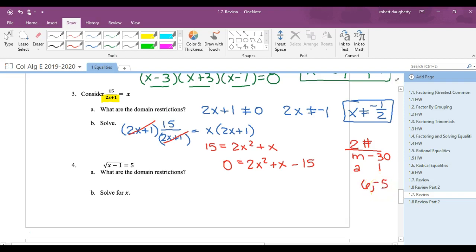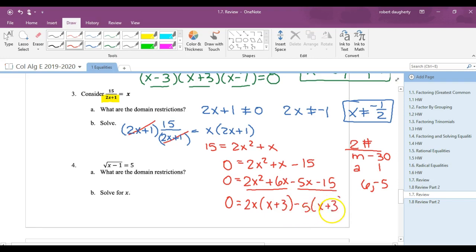So I'm going to rewrite this equation, 0 equal 2x squared plus 6x minus 5x minus 15, factor by grouping. So 0 equal 2x times x plus 3, minus 5 times x plus 3.